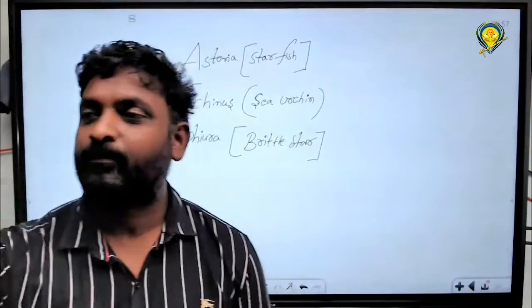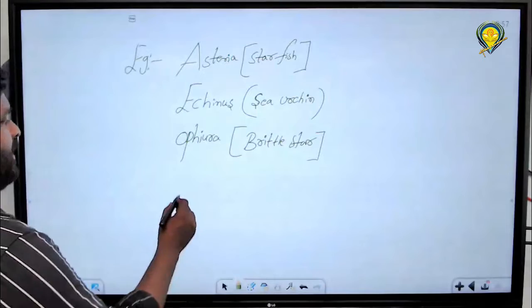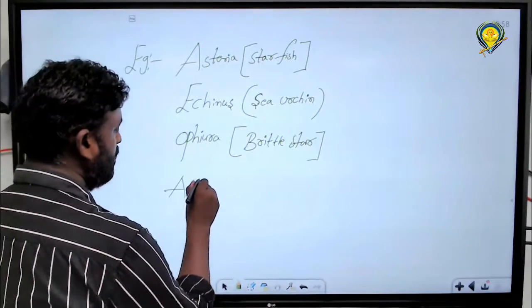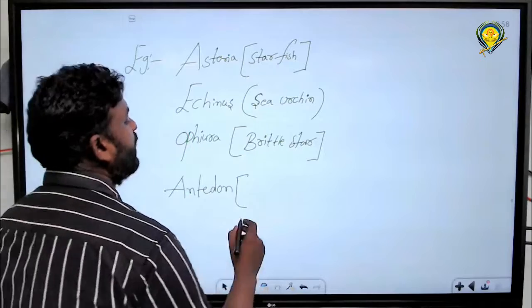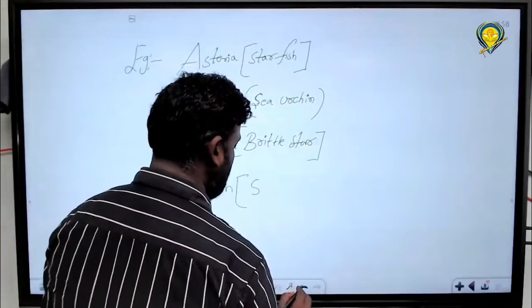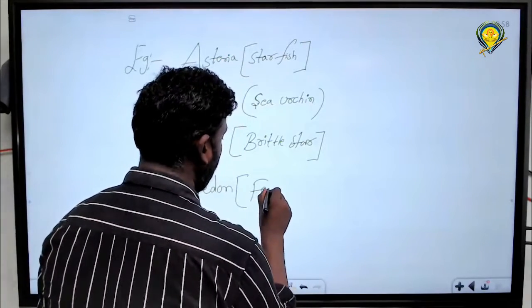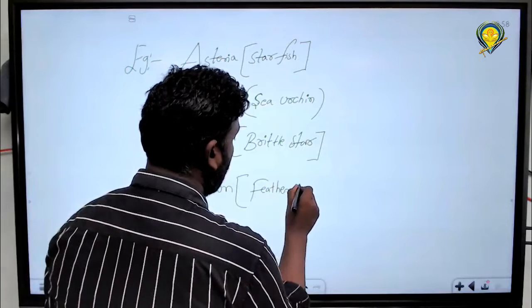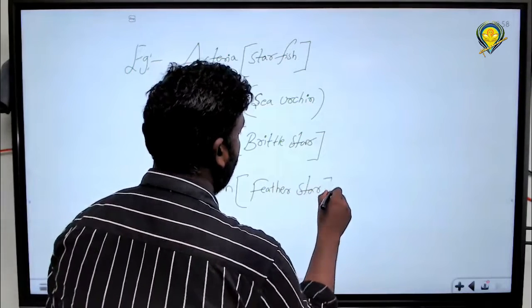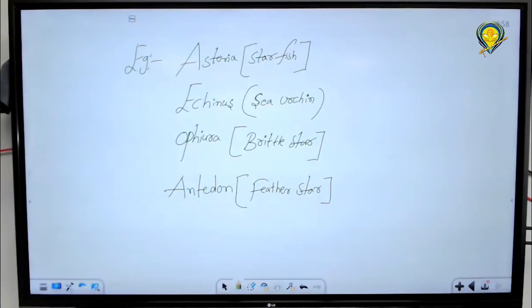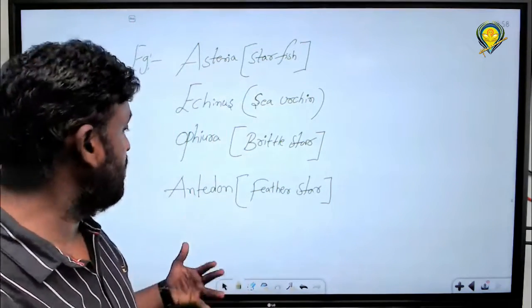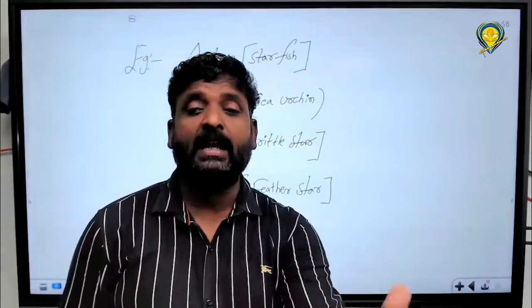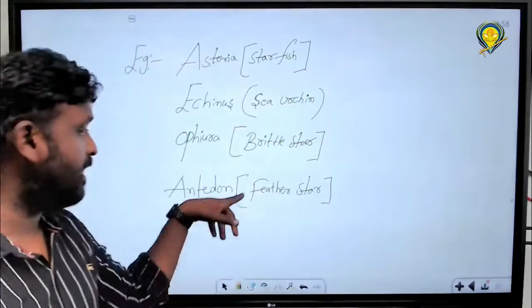So many. Antedon means what? No, that was wrong actually. It means the feather star. Feather star. That was wrong. In the answer they are giving something silly. That was wrong. Right? And Antedon means Mediterranean feather star.